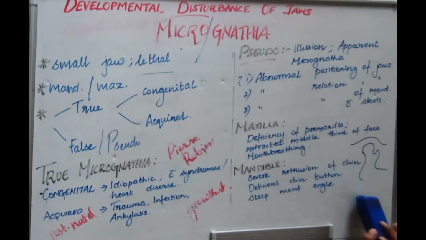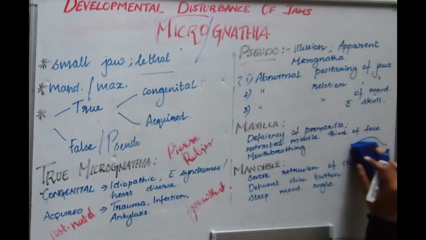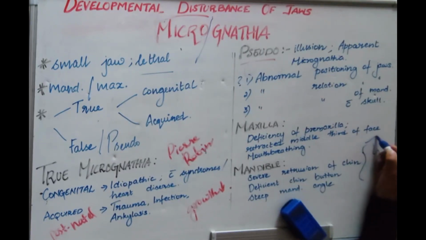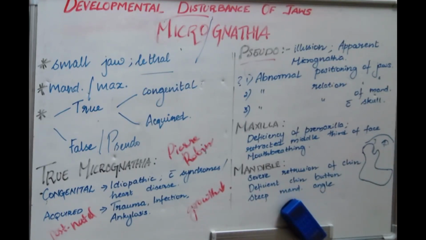Whereas in pseudo-micrognathia, your skull base is here, but your mandible is in a relationship posterior to the normal. If your mandible is positioned posteriorly, it can give an illusion that the size is smaller, whereas the size is normal, only it is positioned posterior in relation to the skull.